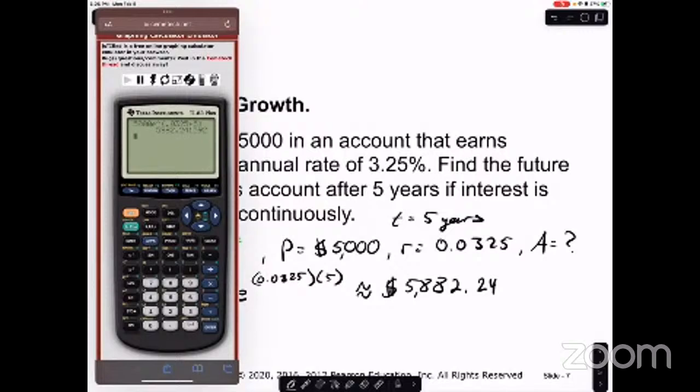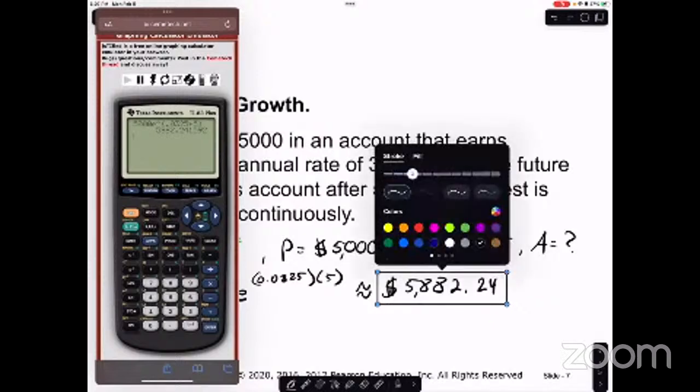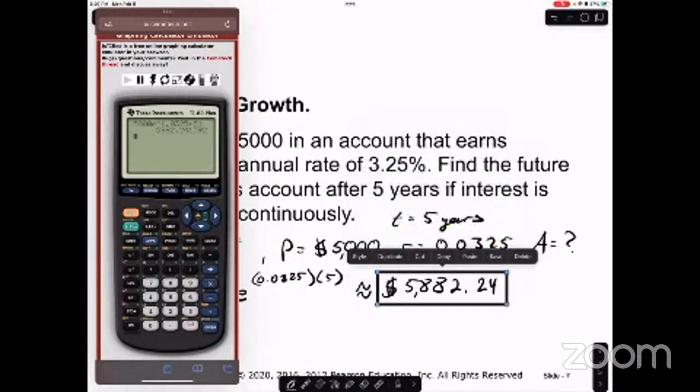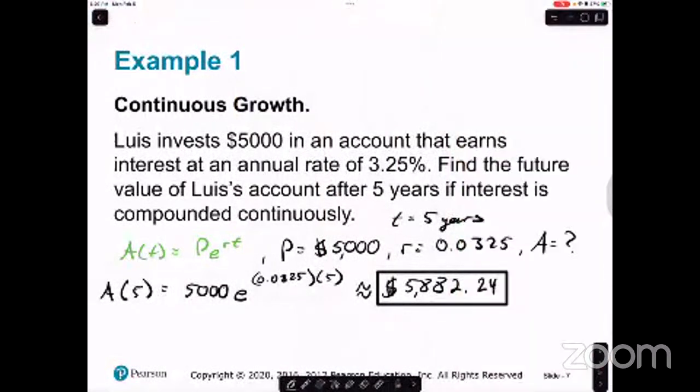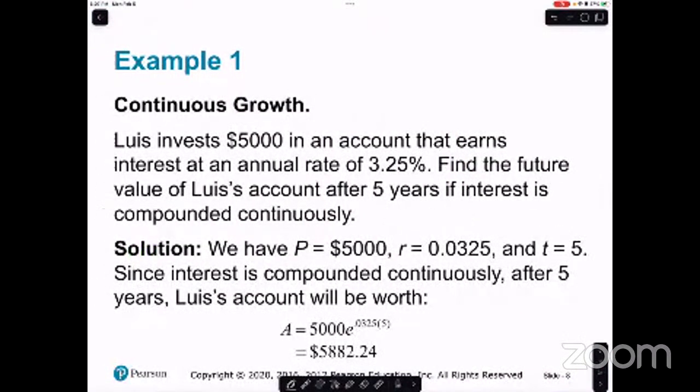Again, as usual, if anything is not clear, feel free to unmute yourself to get my attention and we can talk about it. Okay, 5882.24. Again, that was from college algebra, just an application of continuous compound interest.